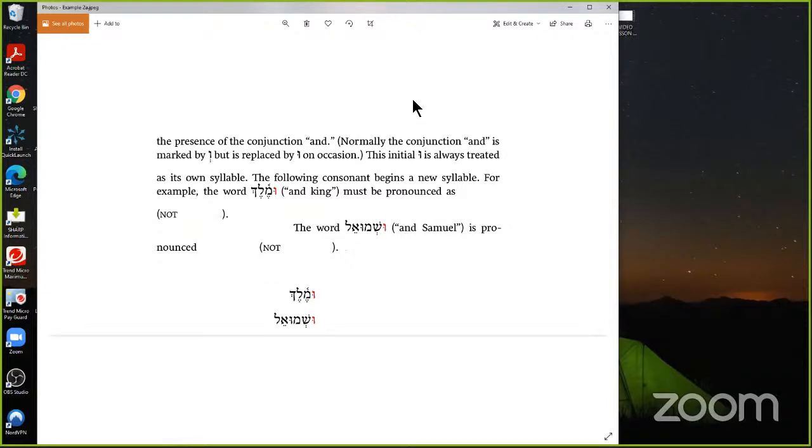It pauses in this, so we'll learn syllables. But my point is, it will pause. So if this was not, let's say, a name, then this would be that. But not only because it's not a name, because that's not the grammar issue here, but the grammar is that the shureq here actually has its own syllable. Right. It's a shureq. That's the name of the vowel. But it has its own syllable by itself.